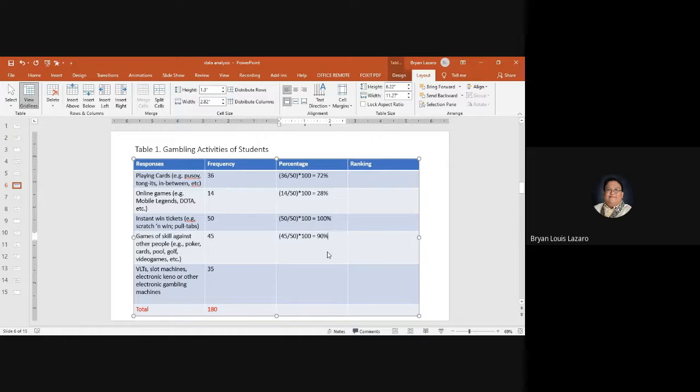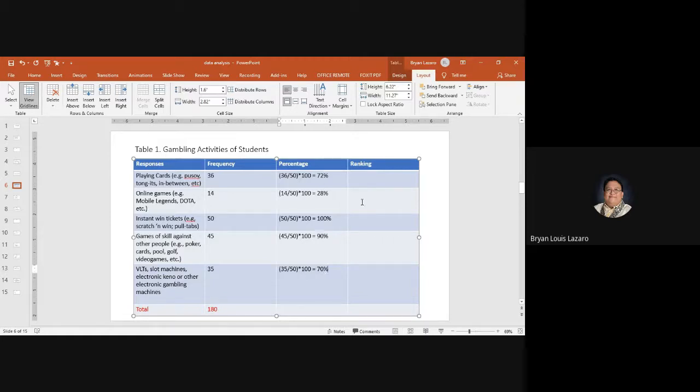Followed by another. So we have 35 divided by 50 times 100, that is 70%.